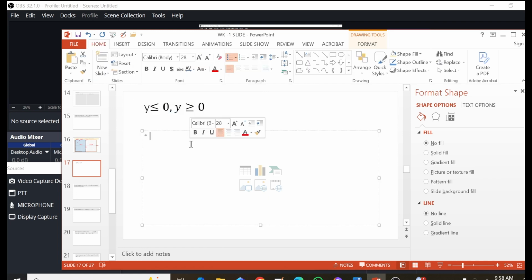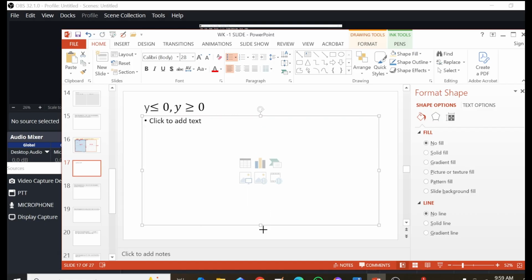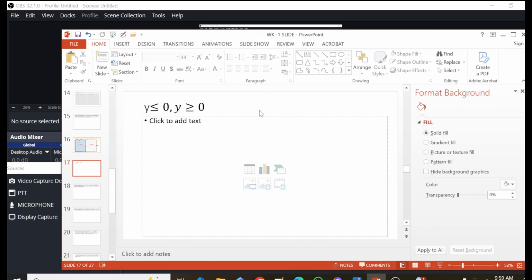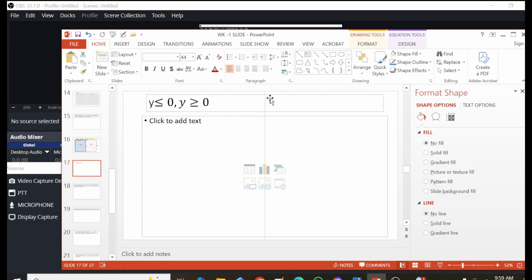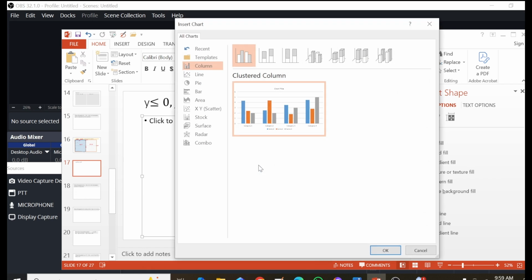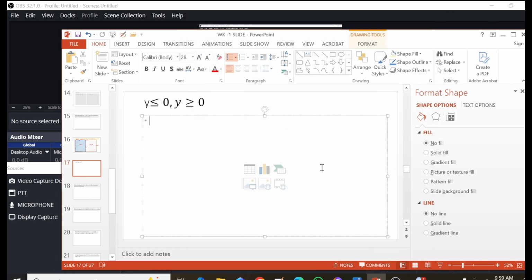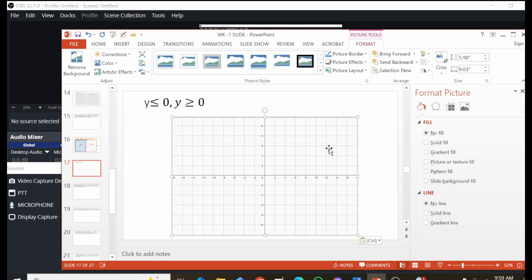So let's do the graphing of the point here, where y is less than 0 and y is greater than 0. All right, let's insert our graph here.